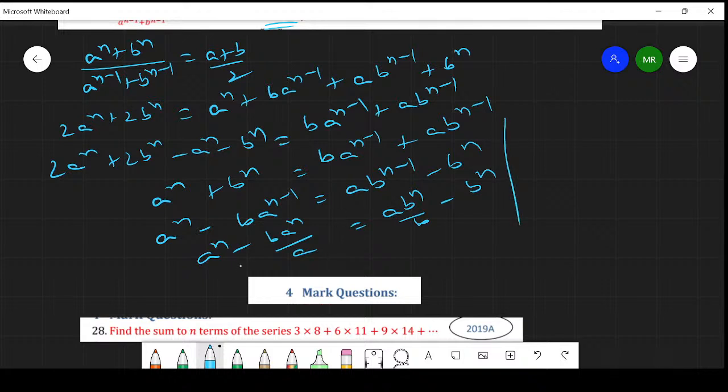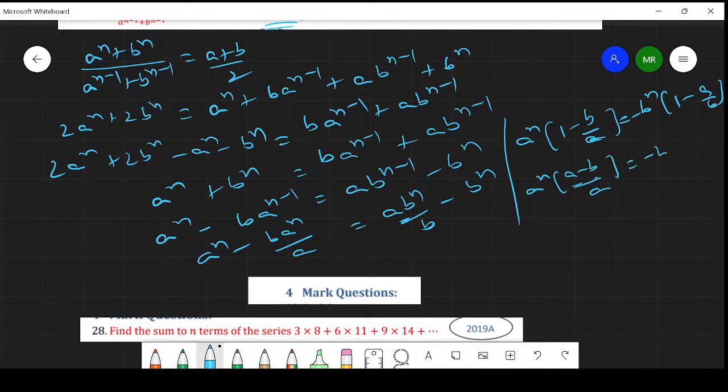Now you can observe here, I can take a^n common here. If you take a^n, 1 minus b by a. Here I can take it again. If you take b^n common, minus b^n common, you get 1 minus a by b. You can take the common here. So you can see here a^n into (a minus b) by a.